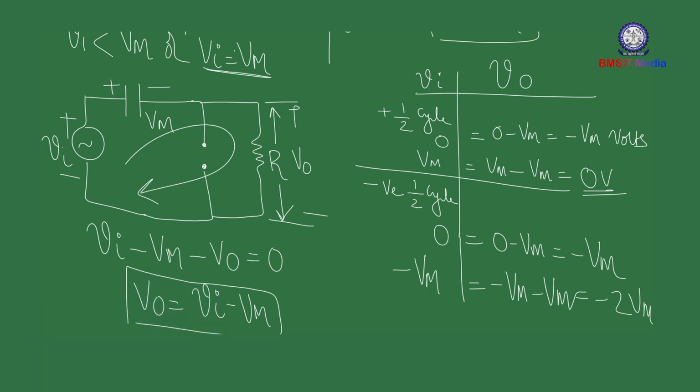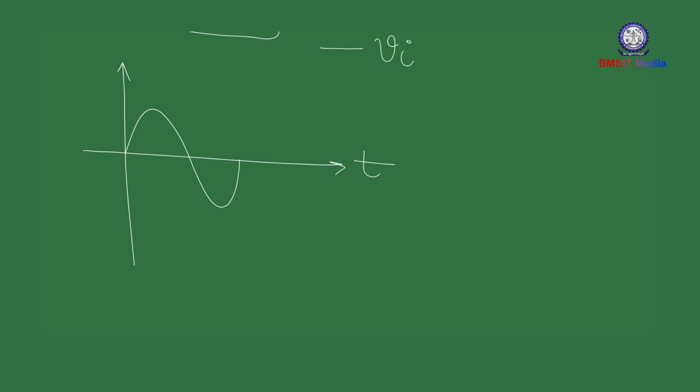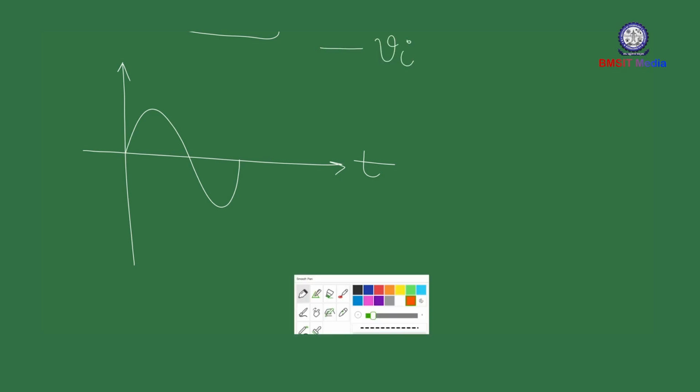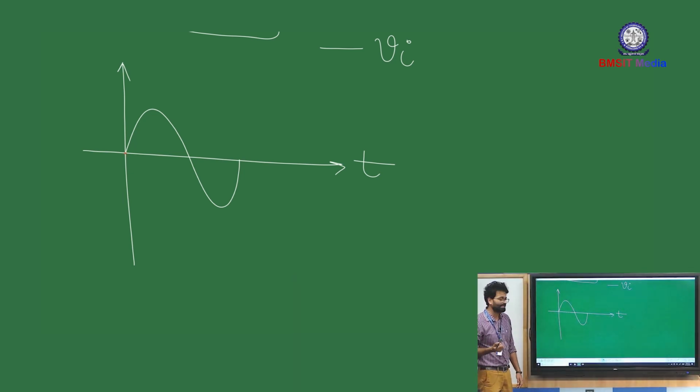Alright, so let us pictorially represent the solution of this equation in a graph. This is your voltage axis. First let us draw the input Vi and let us also draw the output. When your input is 0, output is at the minus Vm level, so minus Vm is somewhere here.